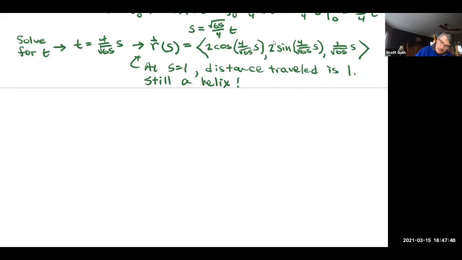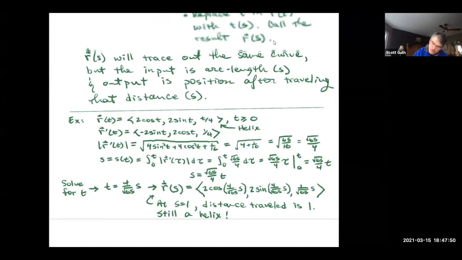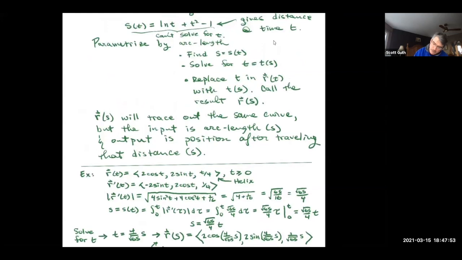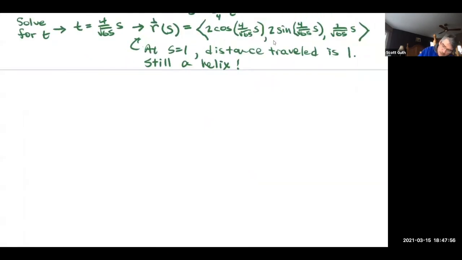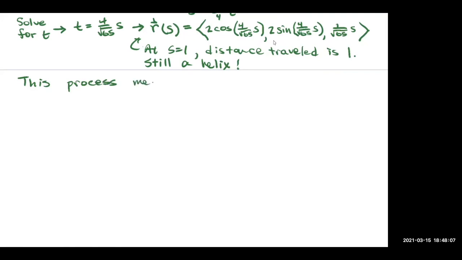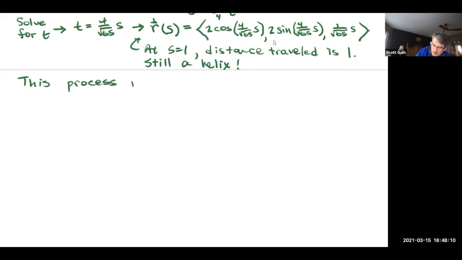Okay, so did I say that yet? So this process means r is parameterized by s, which is called the arc length parameter.